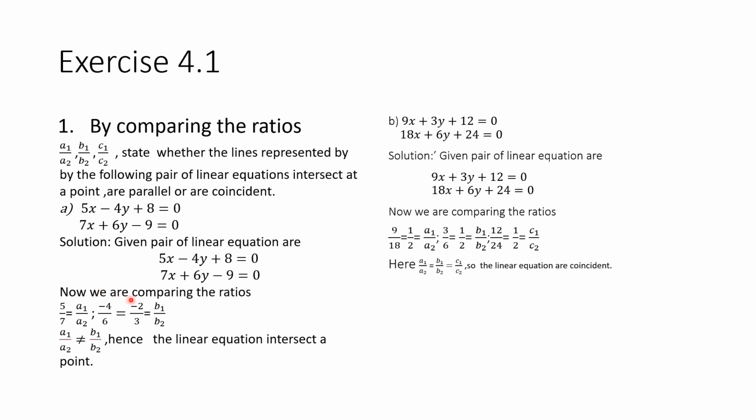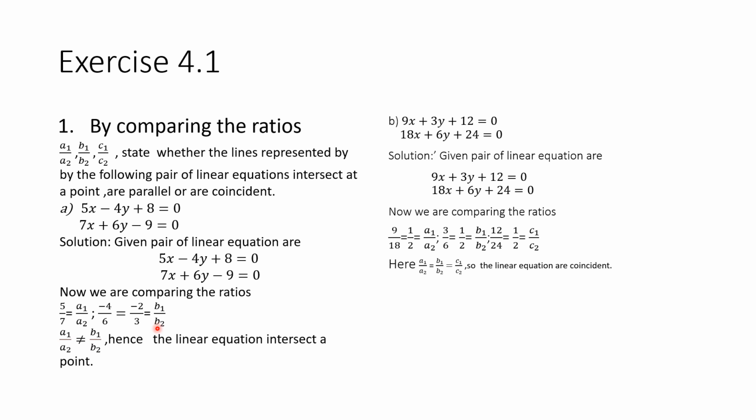Now we are comparing the ratios. Here a1 is 5 and a2 is 7. And for b1 by b2, b1 is minus 4 and b2 is 6, so minus 4 by 6.